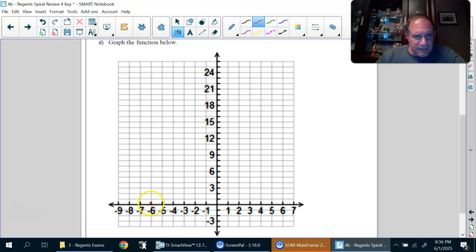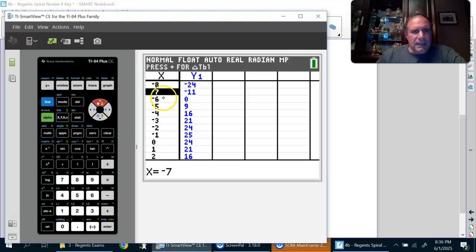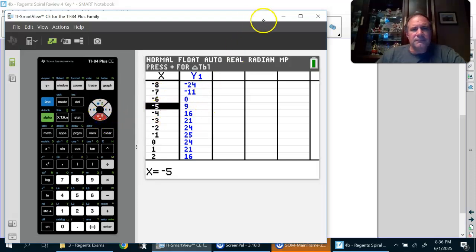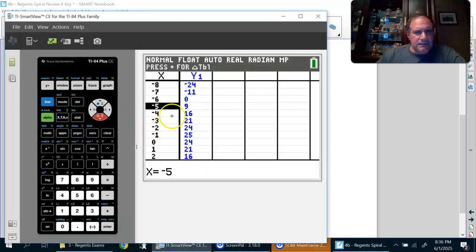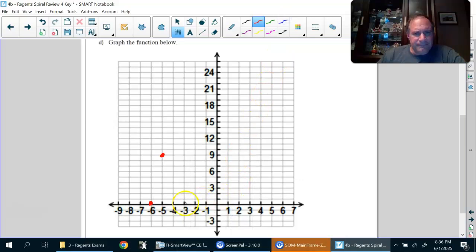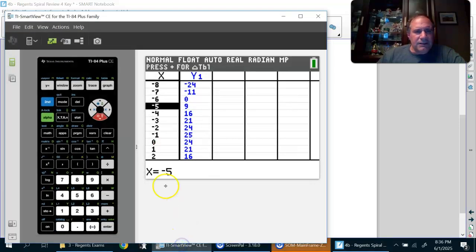Negative 6, 0 is right here. And negative 5, 9, I could graph. Negative 5, 9. Negative 4, 16 is right there, I think. 16, 17, yeah. It's a weird looking graph.